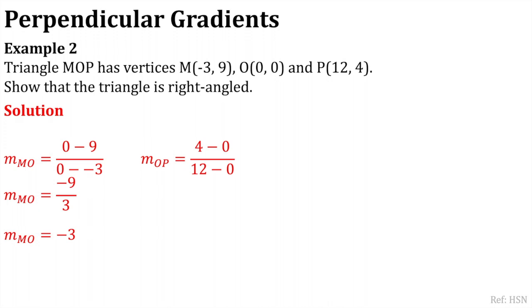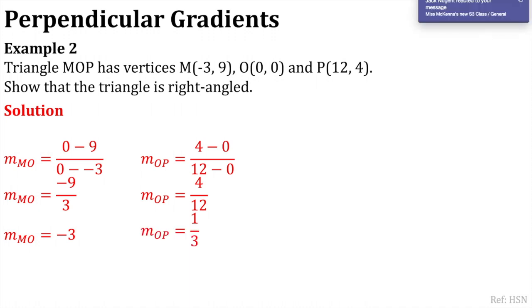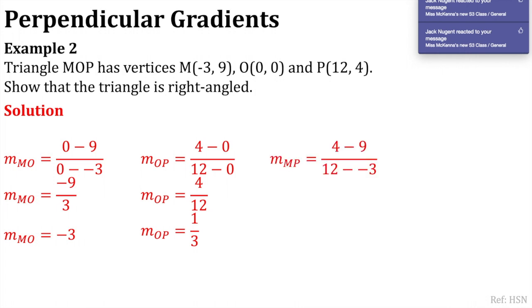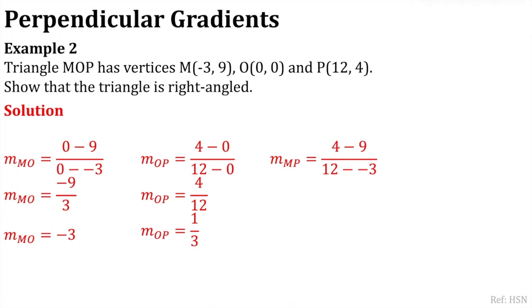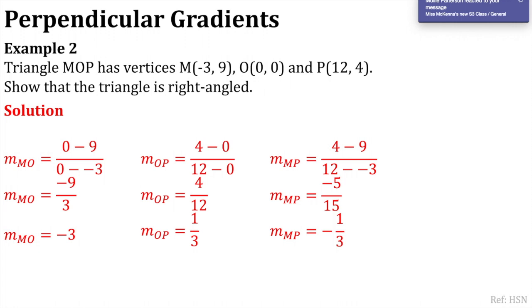If we now look at the gradient of OP, we've got 4 minus 0 over 12 minus 0, which is 4/12, which we know is 1/3. And finally, the last side, MP. The numerator is the y coordinates, so 4 minus 9 all over 12 minus negative 3. That gives us negative 5 over 15, which simplifies to negative 1/3.